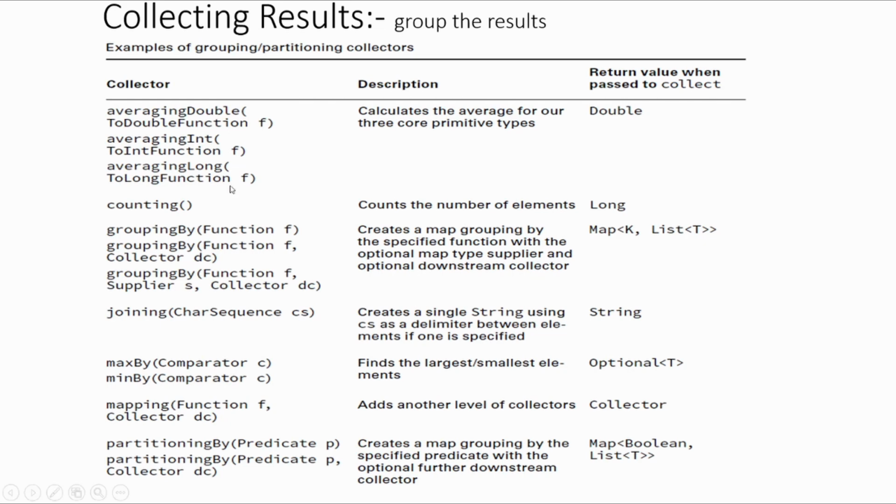So in Collectors class, there are functions averagingDouble, averagingInt, and averagingLong. They calculate the average of the 3 core primitive types and return double. Counting counts the number of elements and returns long. Joining creates a string using a char sequence as a delimiter between elements if one is specified, and the return value when we pass to collect is string. Okay, the rest of them we will go through one by one.